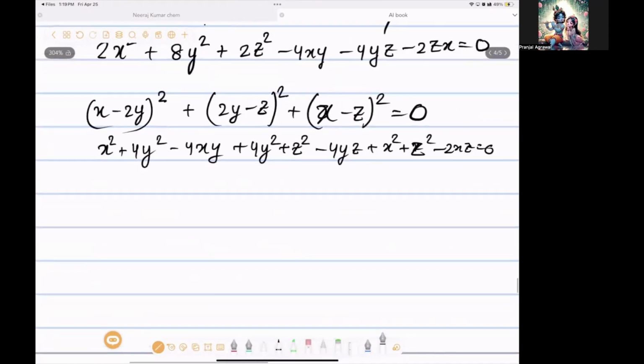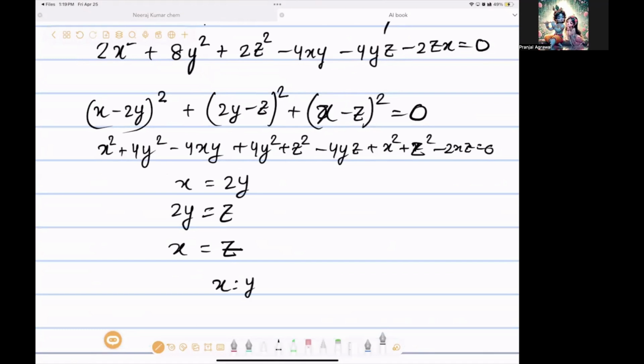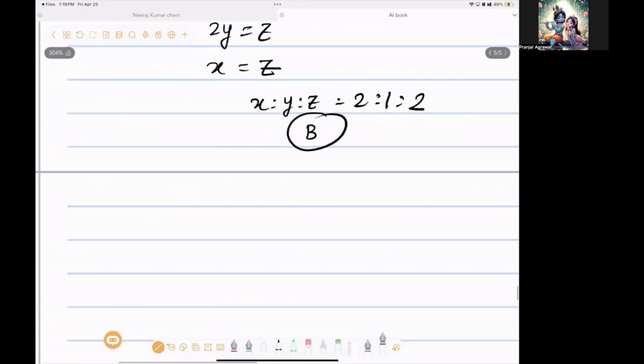So see, we get x is equal to 2y, 2y is equal to z, and x is equal to z. So x is to y is to z, 2 is to 1 is to 2. So option B will be correct.